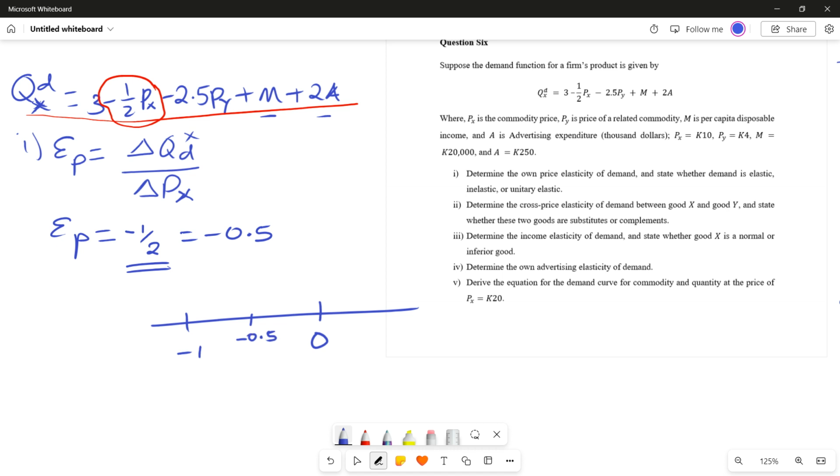So since this value is lying between -1 and 0, the conclusion will be that demand is actually inelastic. But if the answer was exactly -1, our conclusion would have changed. We would have been saying that demand is unitary elastic. So the other way around is you just go on the number line and check.